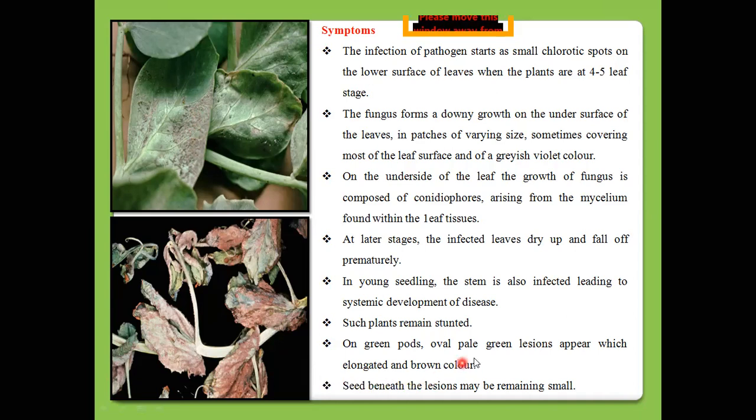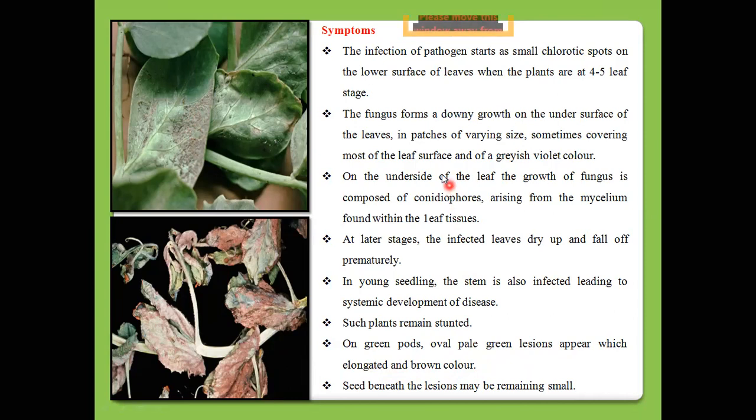These pale green whitish lesions also develop on the developing pods of the pea. So these pods are totally white in color, and the grains are also small in size or shriveled in appearance.